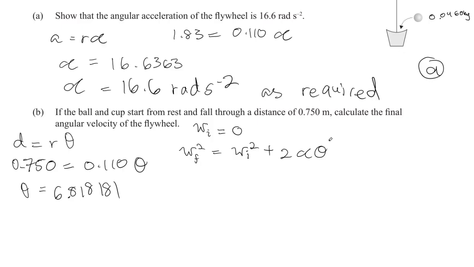Anyway, we know the angular acceleration, which is here. We know the radians, and we know the initial angular velocity. That means that we can find out the final angular velocity, because as you can see, they asked for the final angular velocity.